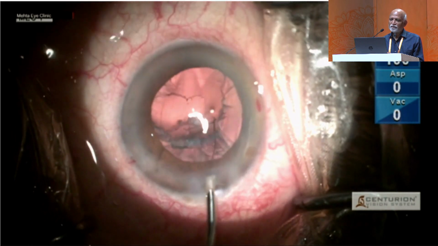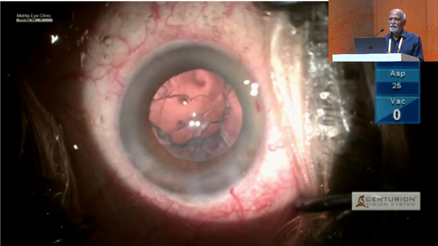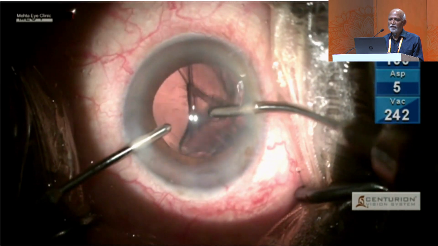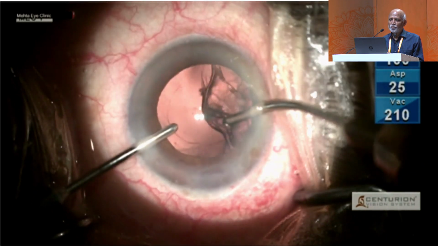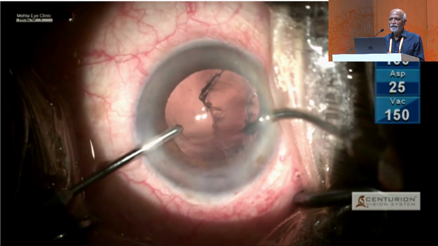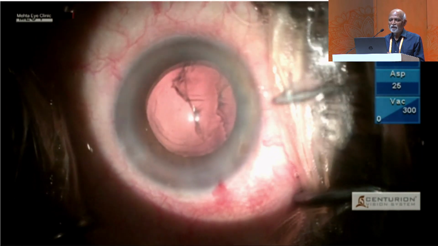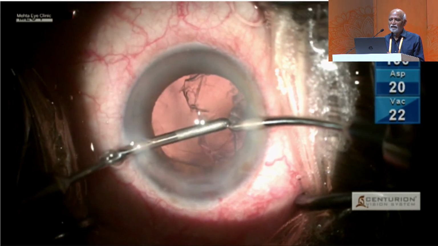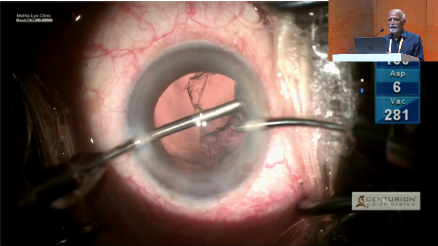Now here you see the nucleus is out, and I formed the chamber with the saline before going into the chamber to do I&A, and then I have to change my hands. But unfortunately this time I don't go into the chamber and I start doing the I&A from the other side.